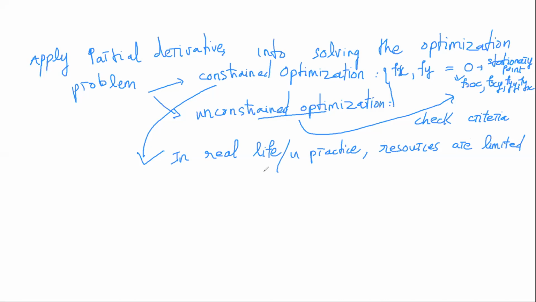So, in fact, unconstrained optimization is almost impossible. Okay? So, unconstrained is almost impossible.